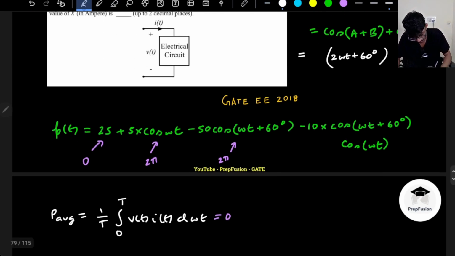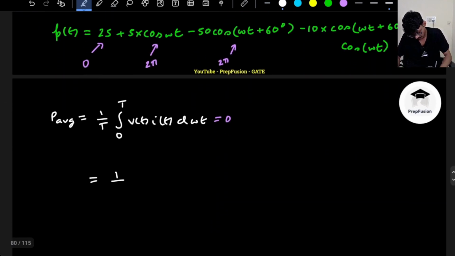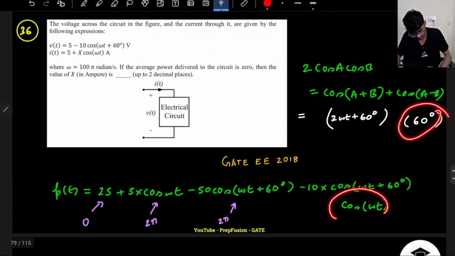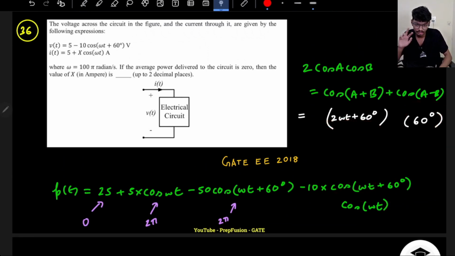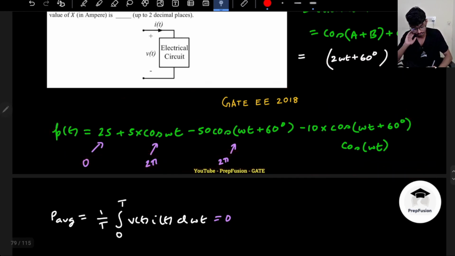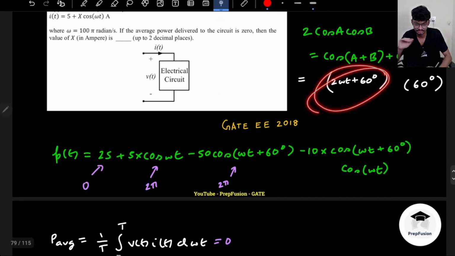Now this one will be a constant term, independent of time, and this one will be 2 omega t, which is dependent on time. Now I know this whole waveform will be periodic about 2 pi, and anyway the average value of any cos term will be simply 0, so this one will go away.